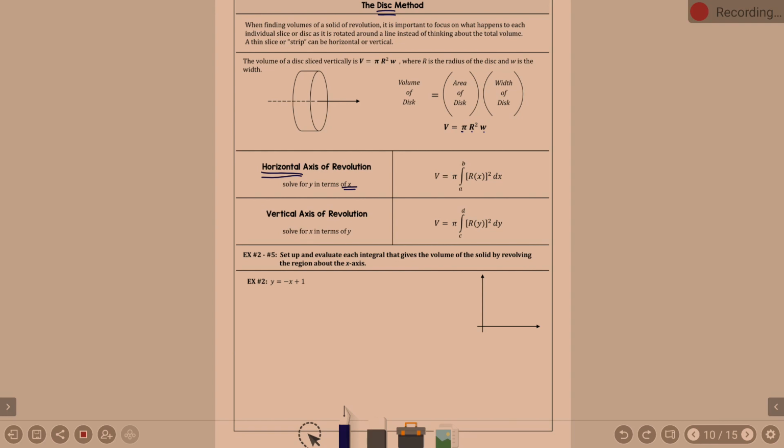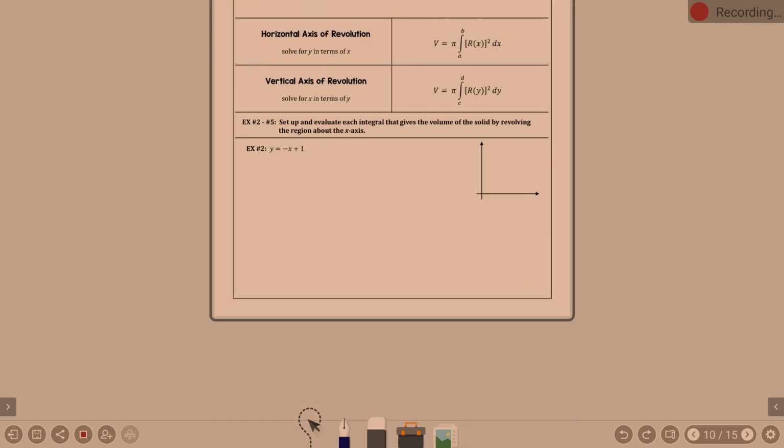Vertical axis of revolution, that's what we just did on the previous page. That's going to be solved in terms of y, so it's pi integral from c to d of r of y squared dy. So it's just a matter of which type we're rotating around and what we're working in. Now, let's look at this one, see how much of this one we can do.